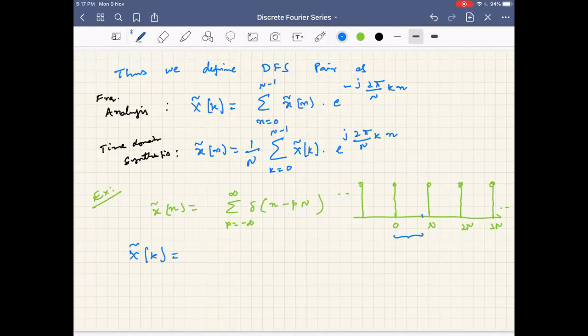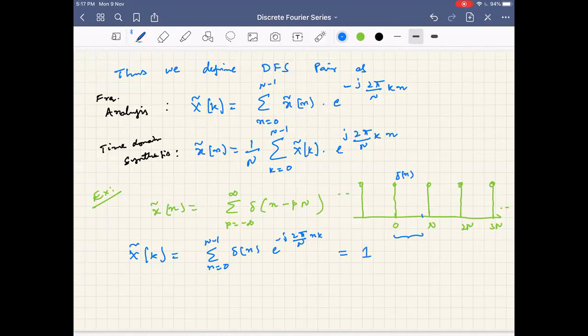You need not bother about the whole range, just look at only one period, that is n equal to 0 to N minus 1. In this range the signal is only delta of n. Whatever we have written, e power minus j 2 pi over N nk, with n equal to 0, is 1.